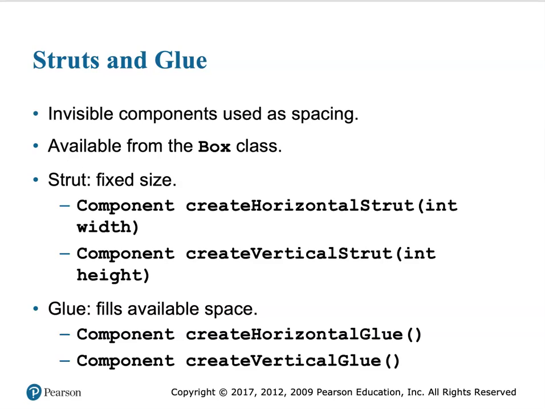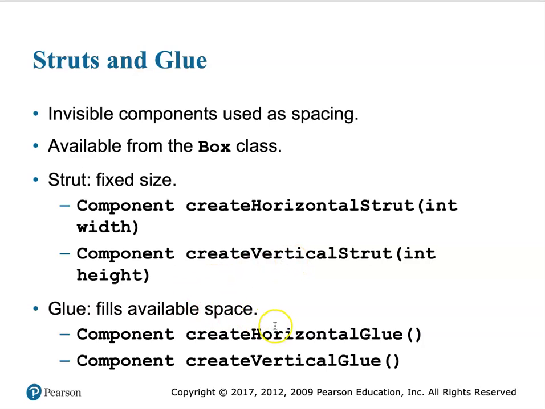Last but not least, when we're dealing with layouts, these objects are going to want to slam up against each other. So we need components that can't be seen to keep them separated. So if we have the box class, we can create components which are either horizontal or vertical struts.